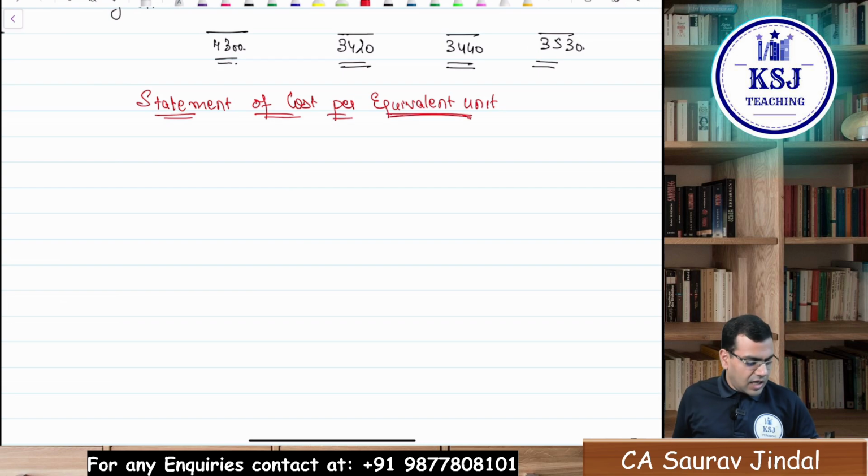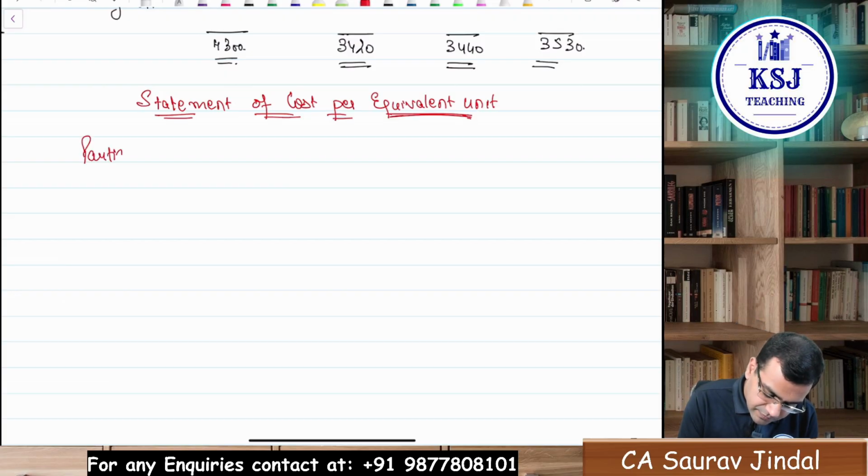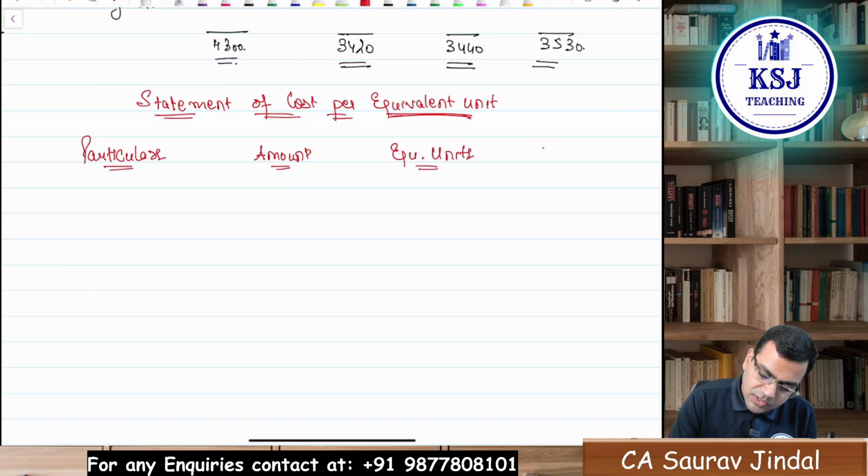Okay, how do we prepare this? We'll write here particulars, amount, then we have equivalent units and cost per equivalent unit.